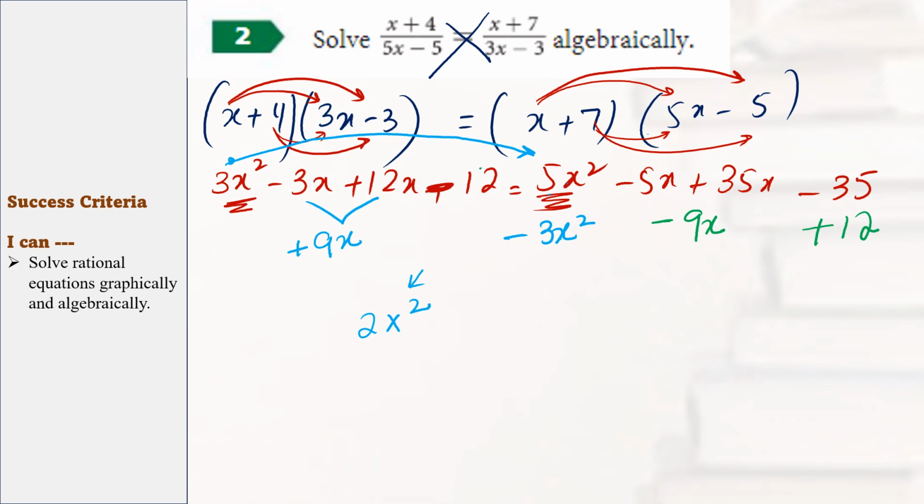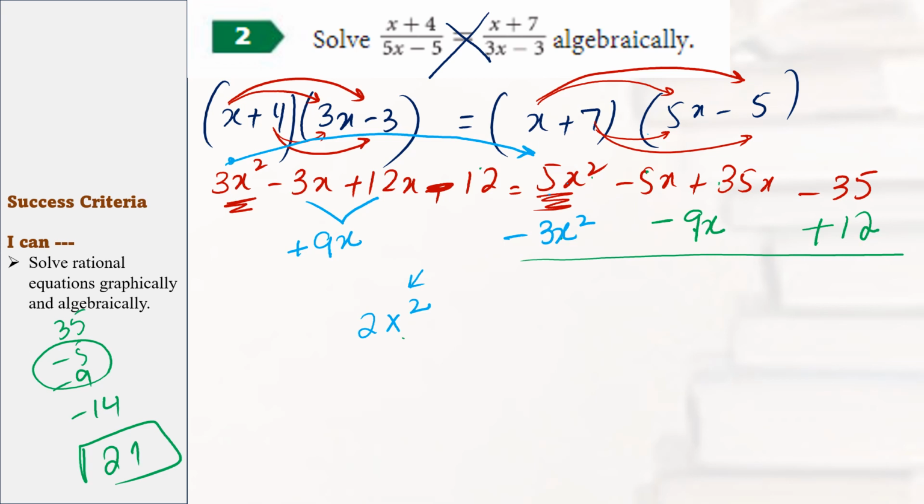Let's solve this part. So 5 minus 3, 2x², then minus 5, minus 9, plus 35. So minus 9 minus 35 gives me minus 14. And in that case, I will get plus 21x.